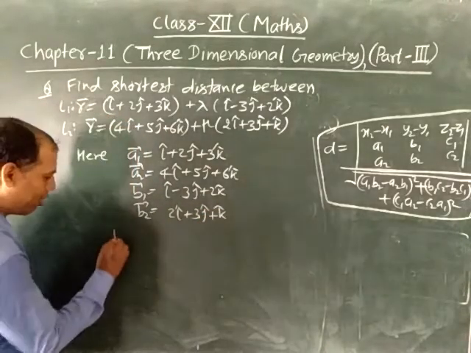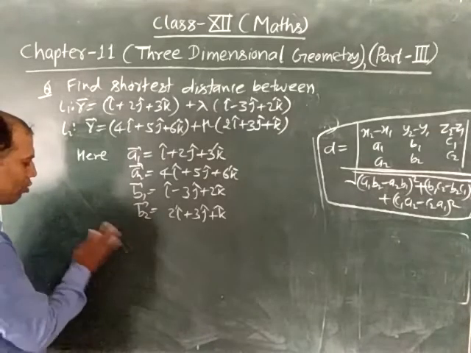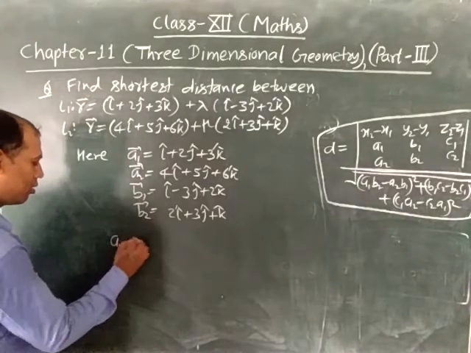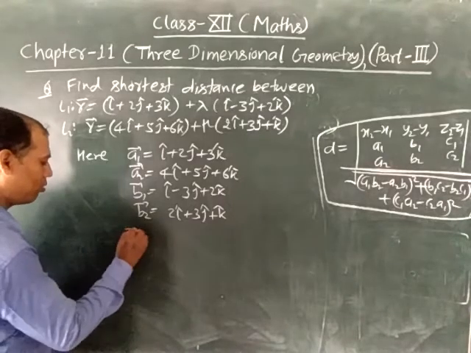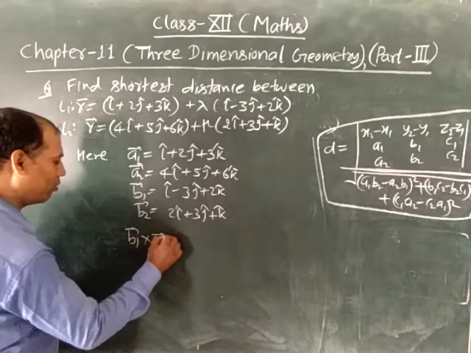Now we have to find out the value of a2 minus a1. First of all, we must know what is the value of b1 cross b2.